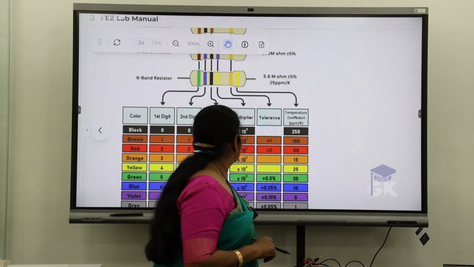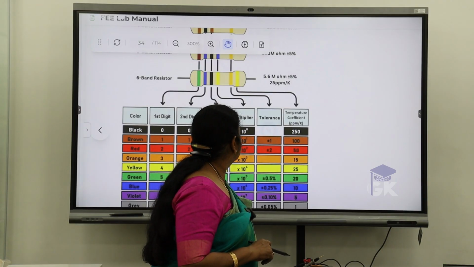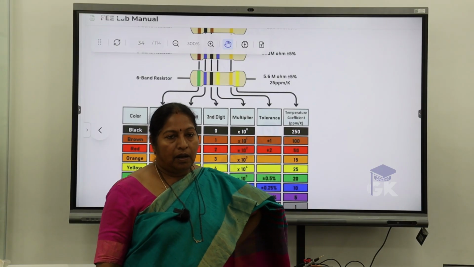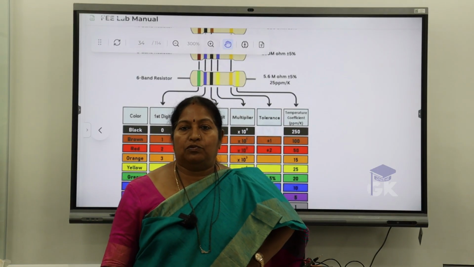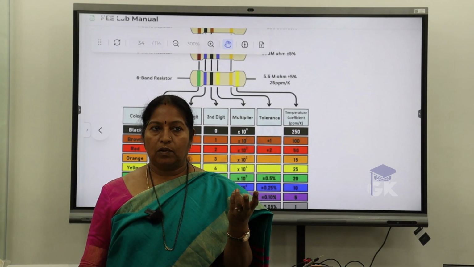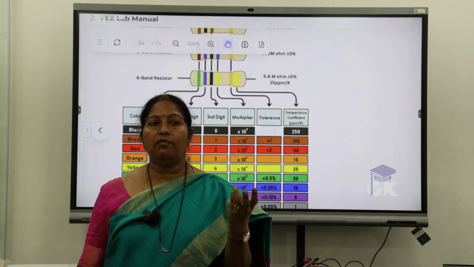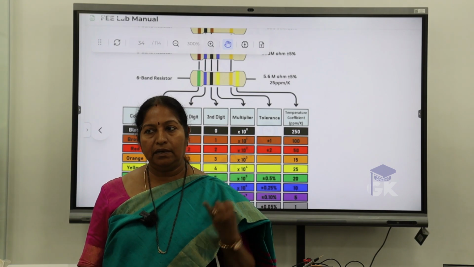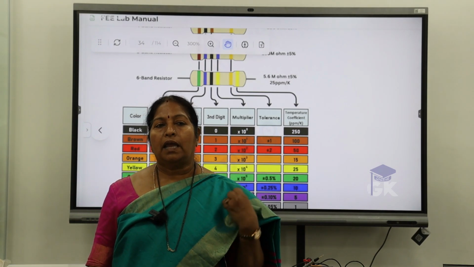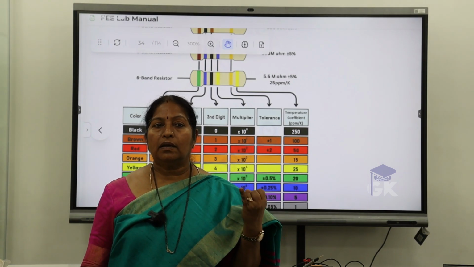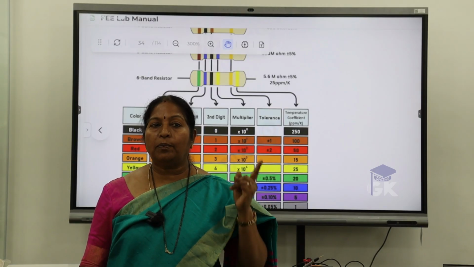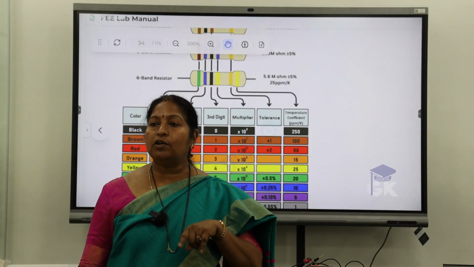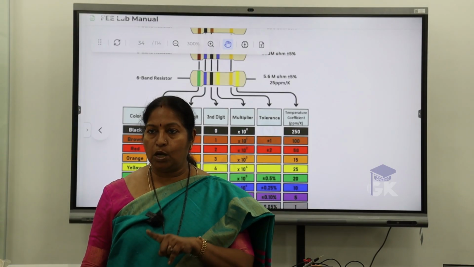170 into 10 to the power of 7. And how do you represent resistor values? Ohms. Ohms is the unit of resistance. Normally resistances are represented in just ohms. If it is in kilo ohms, it is into 10 to the power of 3. So 100 into 10 to the power of 3 means 100 kilo ohms.